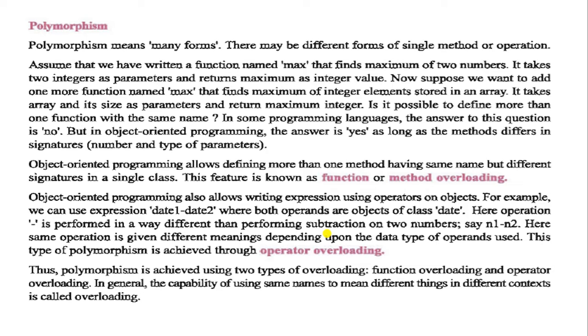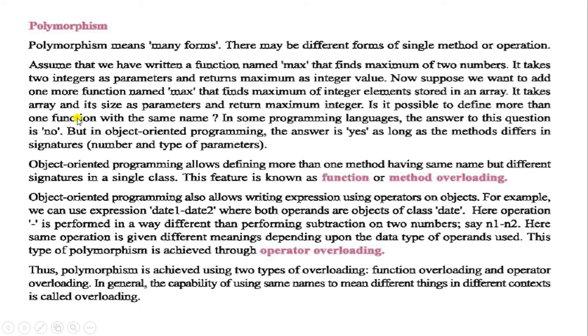If I apply two integers, I get the maximum value among the two integers. If I apply four integers, I get the maximum value among the four integers. So different forms are available, like 2 integers, 4 integers, 6 integers, 8 integers, but the main function is the same. Max is the same function.